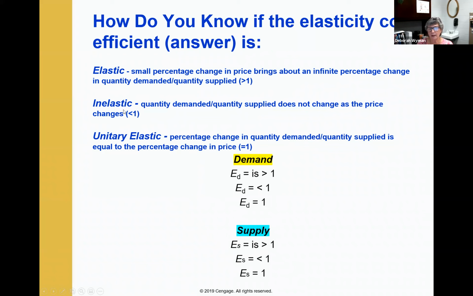The calculated response will be less than 1. And if it's unitary, you guessed it, it's going to be equal to 1. So the percent change in quantity demanded or quantity supplied is equal to the percent change in price. It equals 1. So this is how you know if it's elastic, inelastic, or unitary.